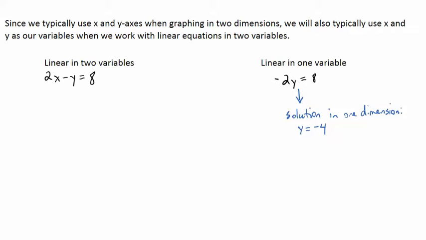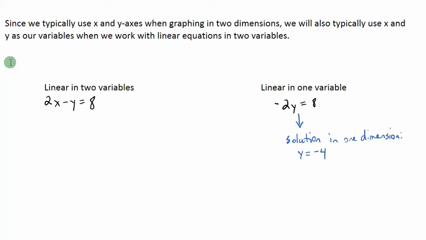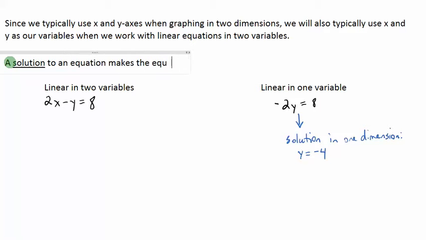A solution to an equation is a value for the variable that makes the equation a true statement. Okay? So, over here, y equals -4, and that is the only solution. That's the only y value that makes this true.